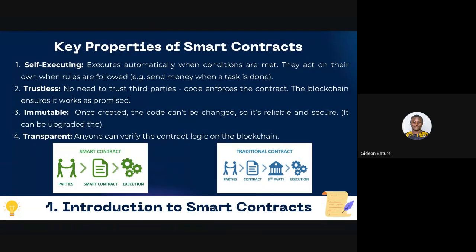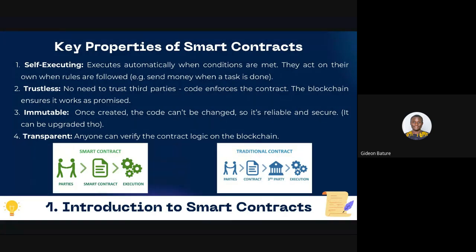You can't just wake up one morning and do a U-turn, say we are going to east, then no, now we are moving to west. No, you can't do that. So once it's created, the code can't be changed. So it's reliable. Anything you are having as a smart contract, you can rely on it that this is going to continue going. Although it can always be upgraded, but it can't be changed.